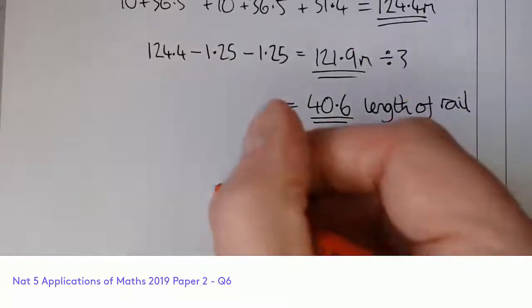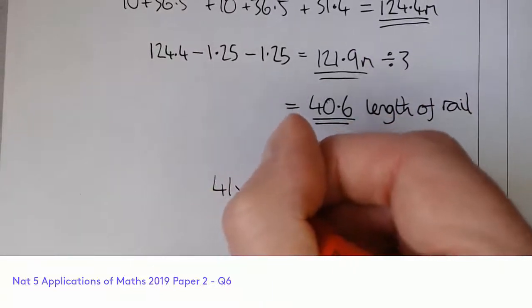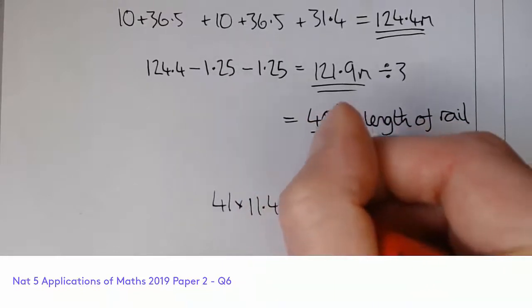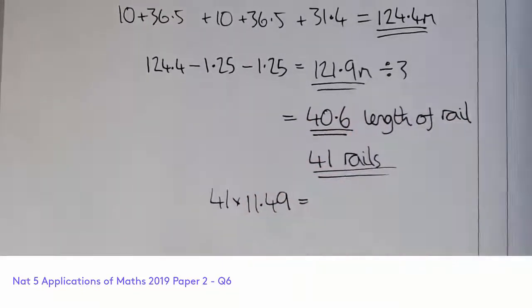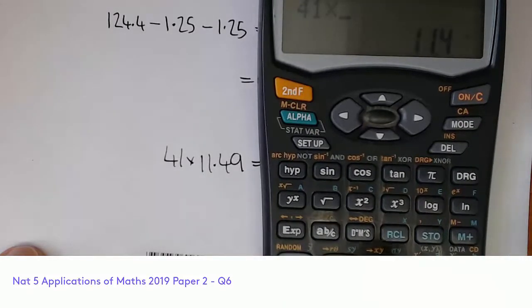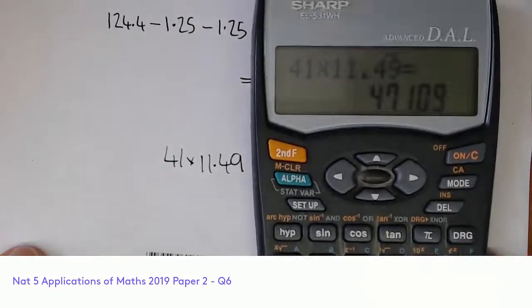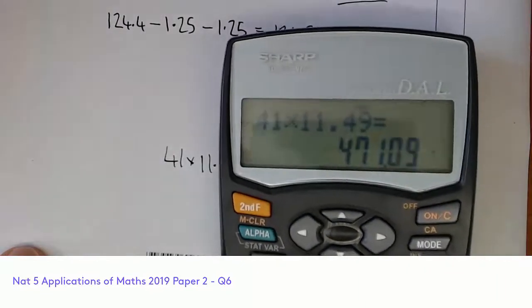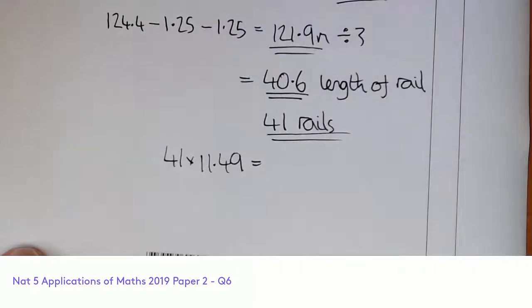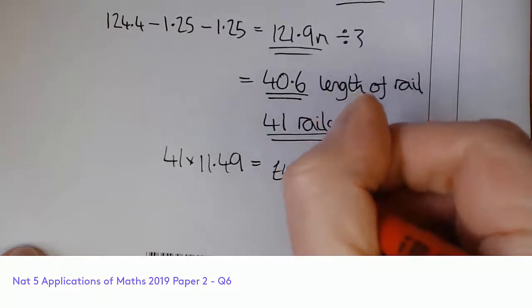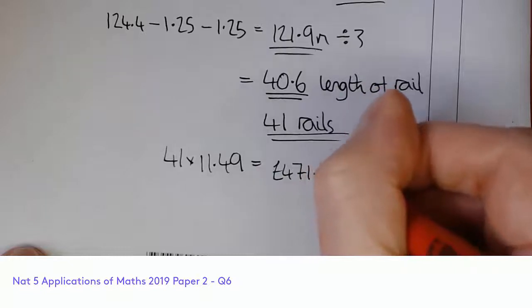So we're going to go 41 times 11.49. So 41 times 11.49 is £471.09.